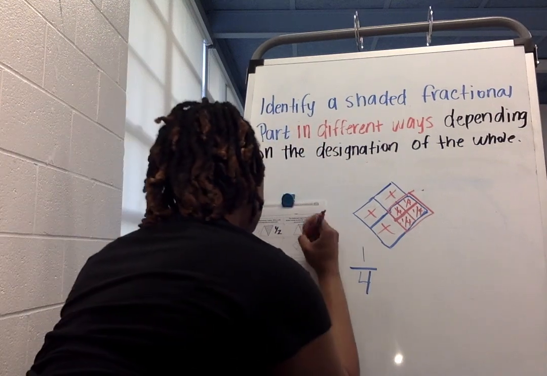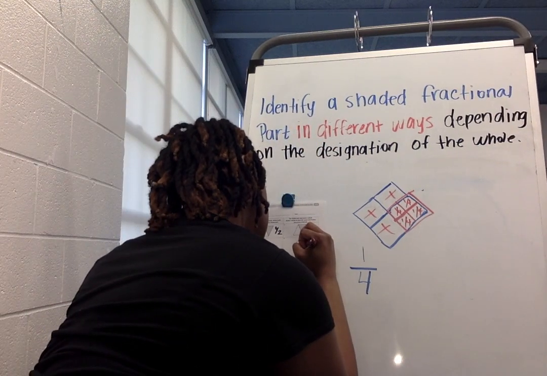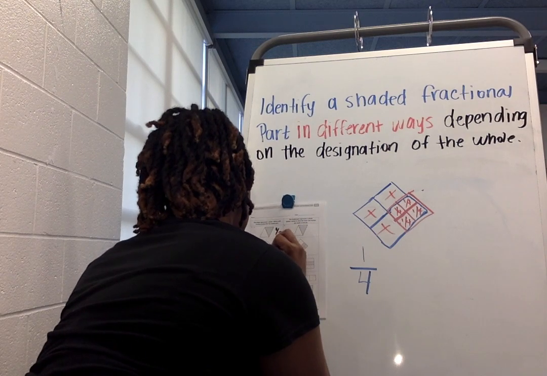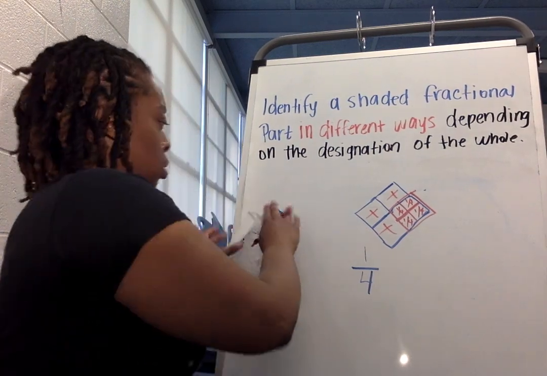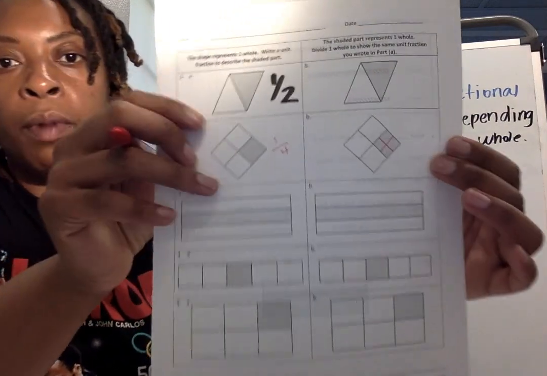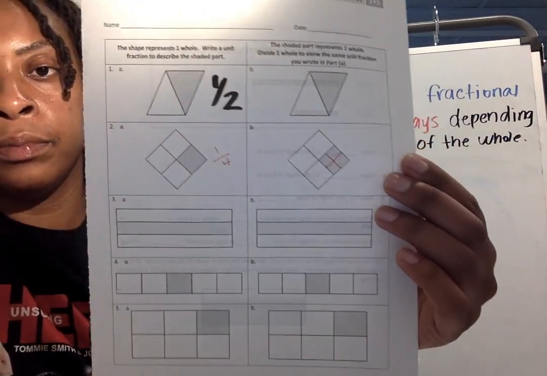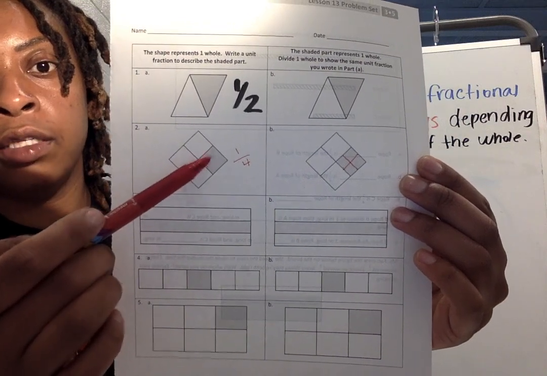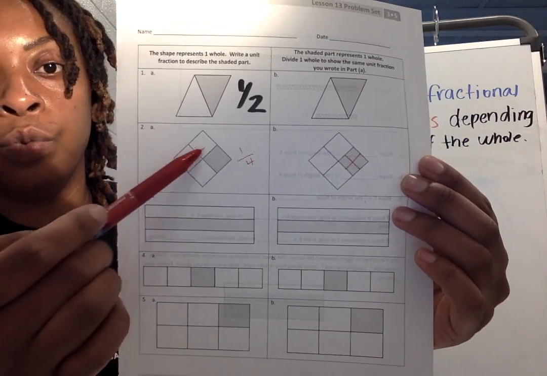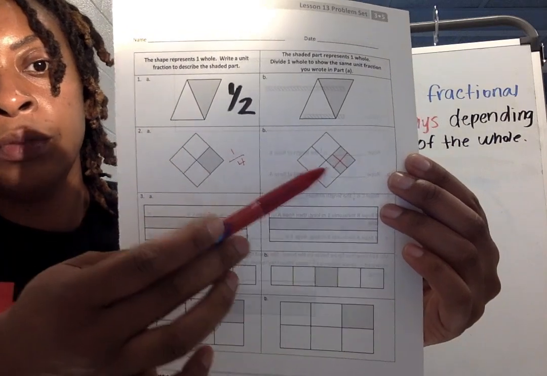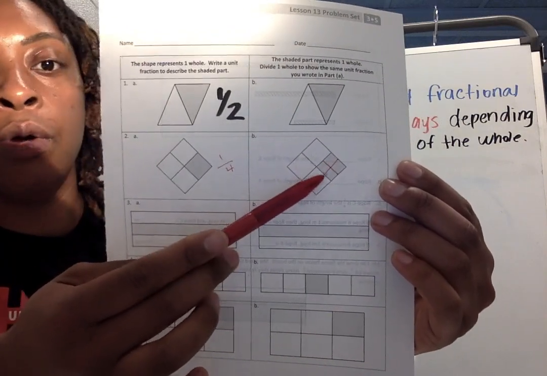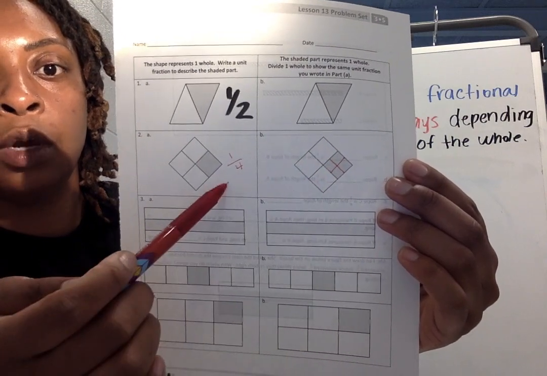I'll hold it up to the screen so you can see that as well. So this is what my paper looks like. I know that this shaded part is 1/4 of this entire figure. And now this shaded part is my 1 whole, and I partitioned it to represent 1/4.